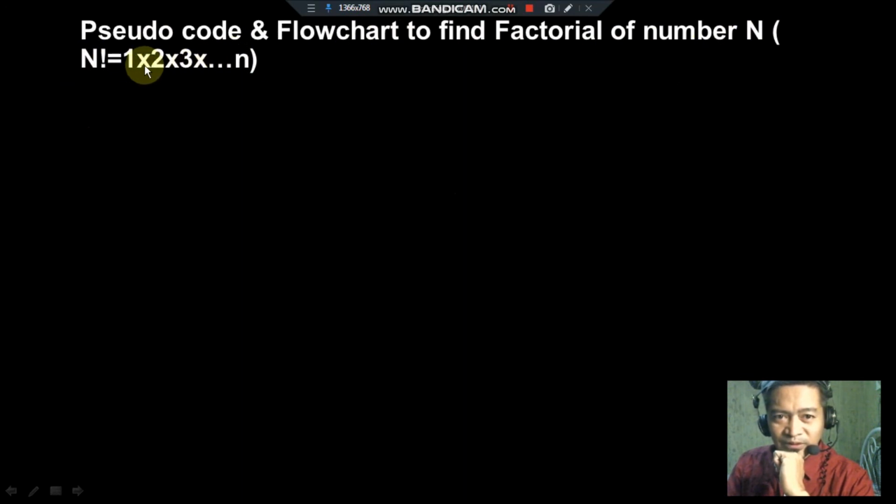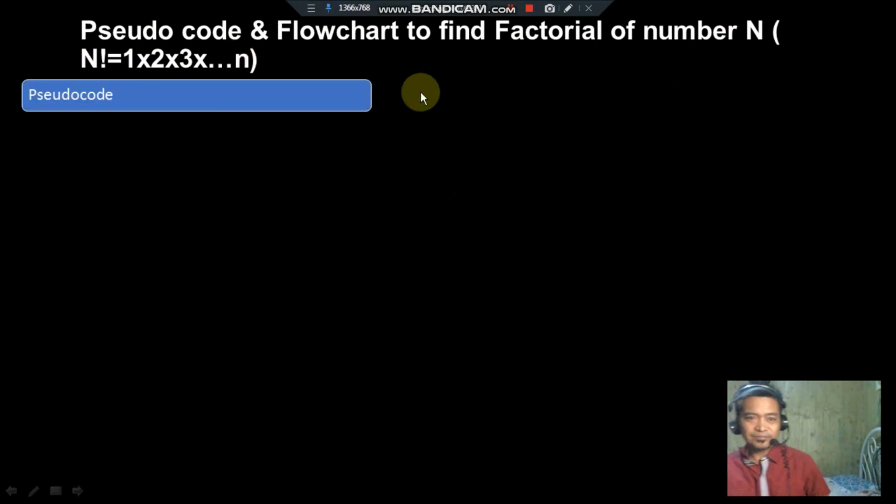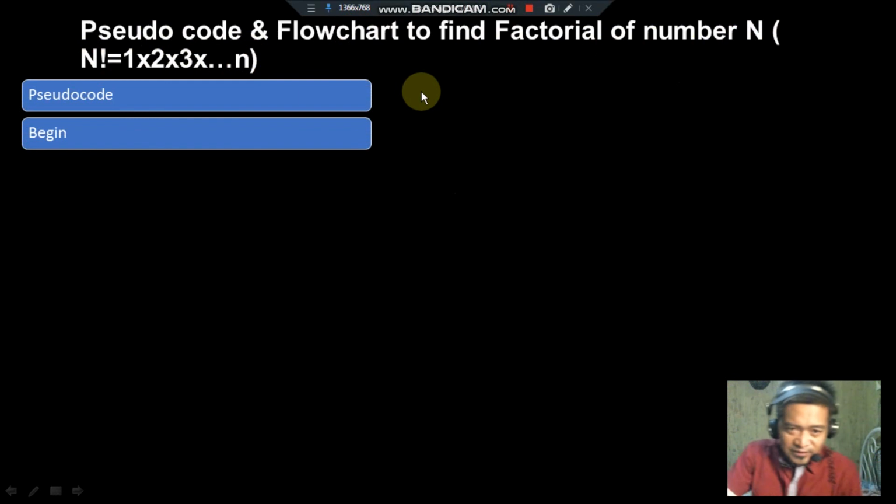Or pwedeng the other way around. Mag-set tayo ng counter. Say counter initially is 1. Susunod, increment natin by 1, magiging 2. Increment natin by 1, magiging 3, and so on and so forth, hanggang ma-reach natin yung number na gusto nating makuha ang factorial.